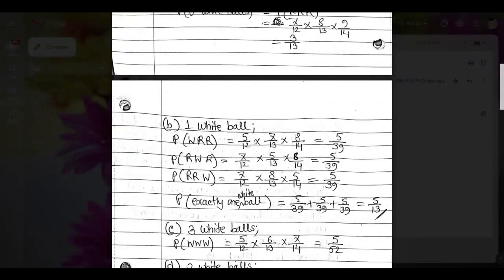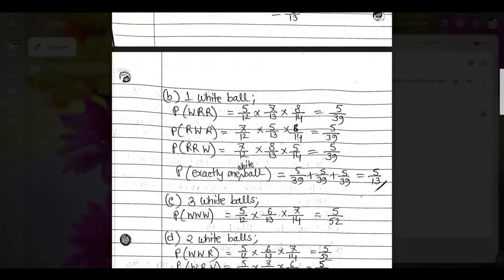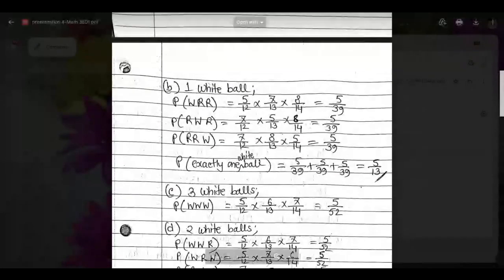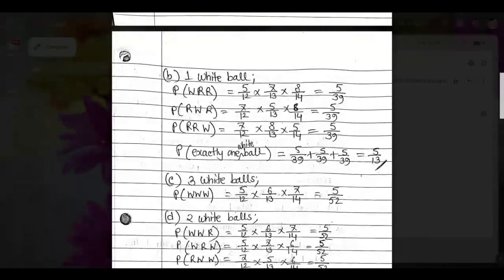And then we're going to add another red ball the third time, so 7 plus 1 is going to be 8. We're going to do the same process for these 3 cases, and then the probability of exactly 1 white ball is going to be the addition of these 3 probabilities.